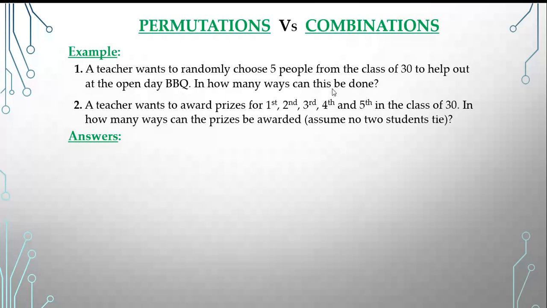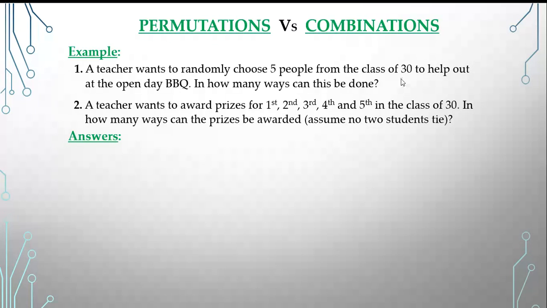In how many ways can this be done? So in this question the teacher wants to choose 5 people out of 30. Here I think order doesn't matter, because it doesn't say which student or which pupil the teacher chooses out of 30.